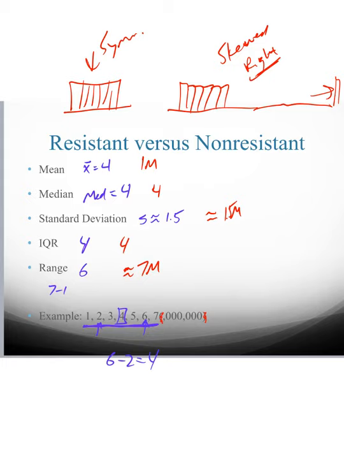So what you're seeing here is that the median and the IQR are resistant. Those values resist outliers. Remembering resistant versus non-resistant, the actual terminology is not as important as just remembering that median and IQR are great to use when we have skew.